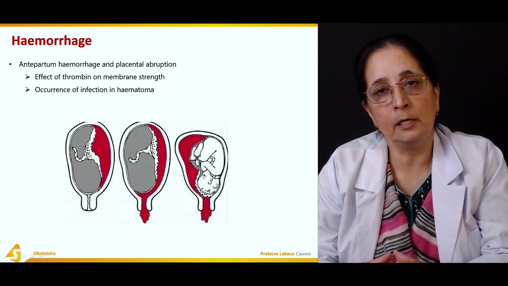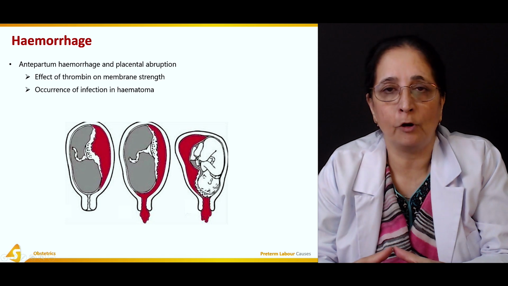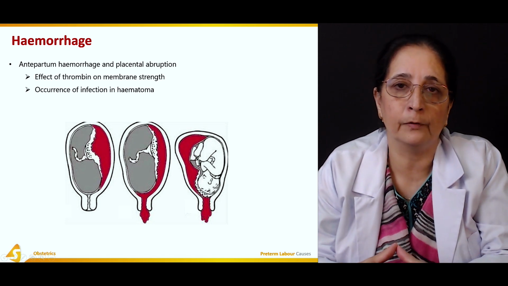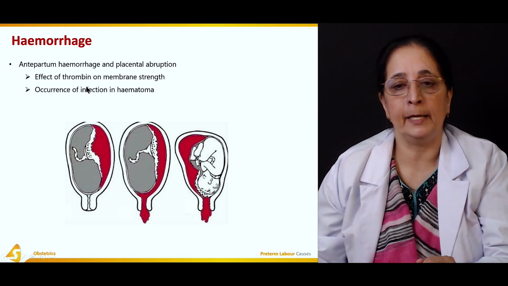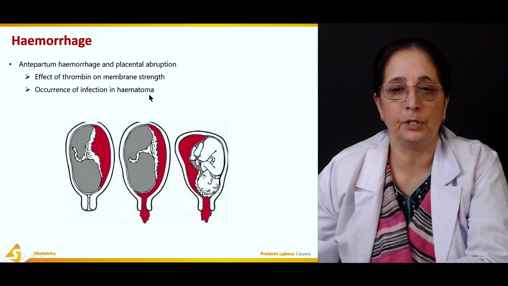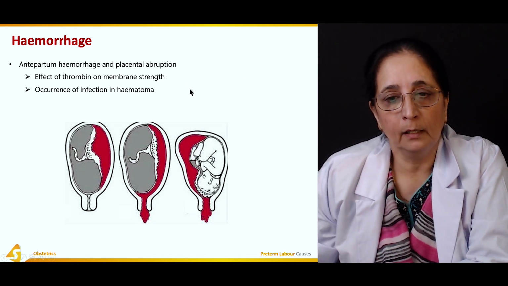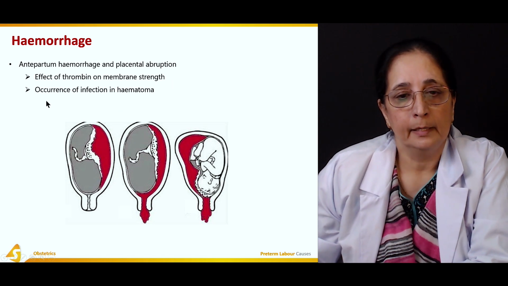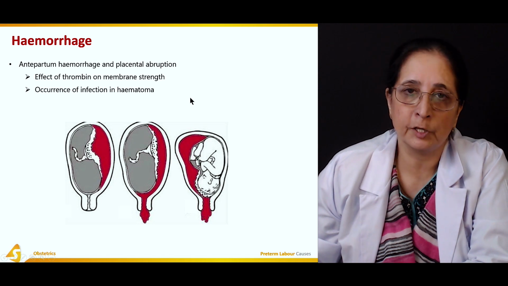So as a result of hemorrhage, thrombin is produced, and this thrombin causes weakening of the membrane. As a result of the weakening of the membrane, there is early rupture, premature rupture of the membrane, that can lead to onset of the labor. Then we have occurrence of infection in hematoma.